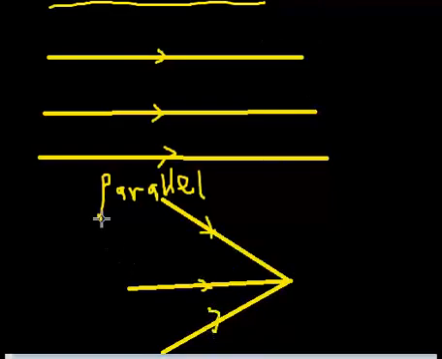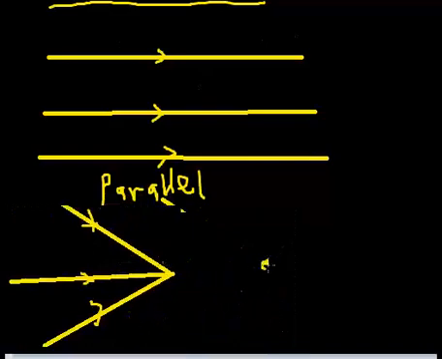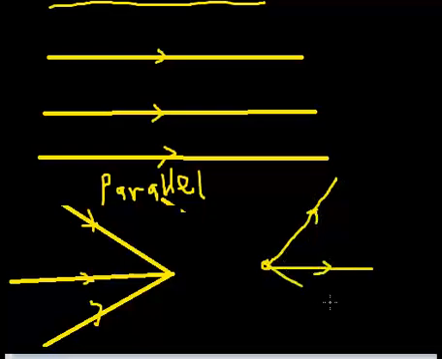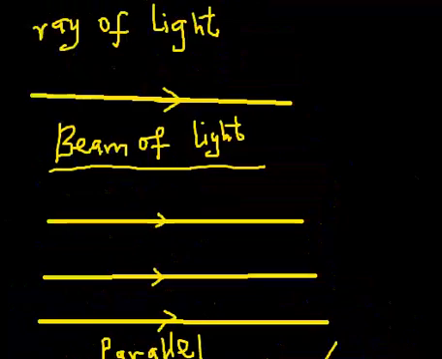Or you have divergent, which simply means that from a point the rays move away from each other. So this is convergent and this is divergent. So this is how we represent a beam of light: parallel beam, convergent beam, and divergent beam. Please take note of that as we proceed.